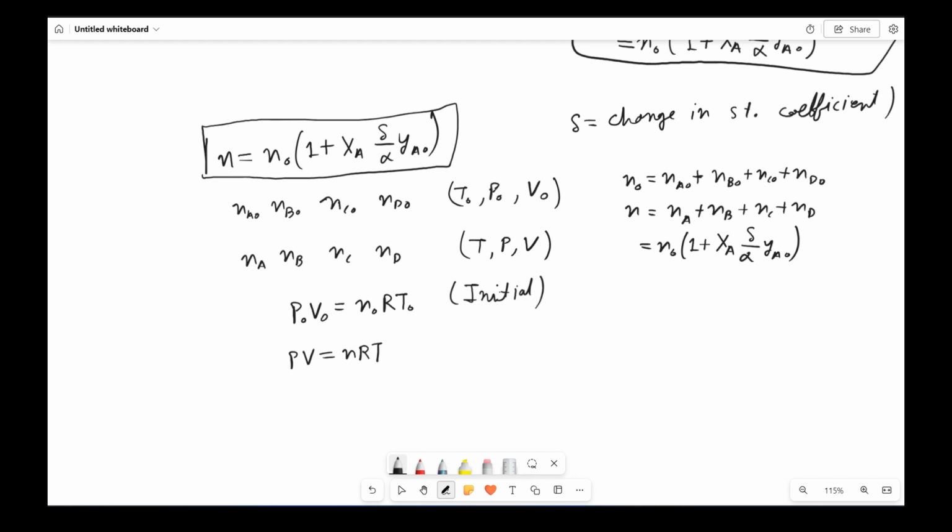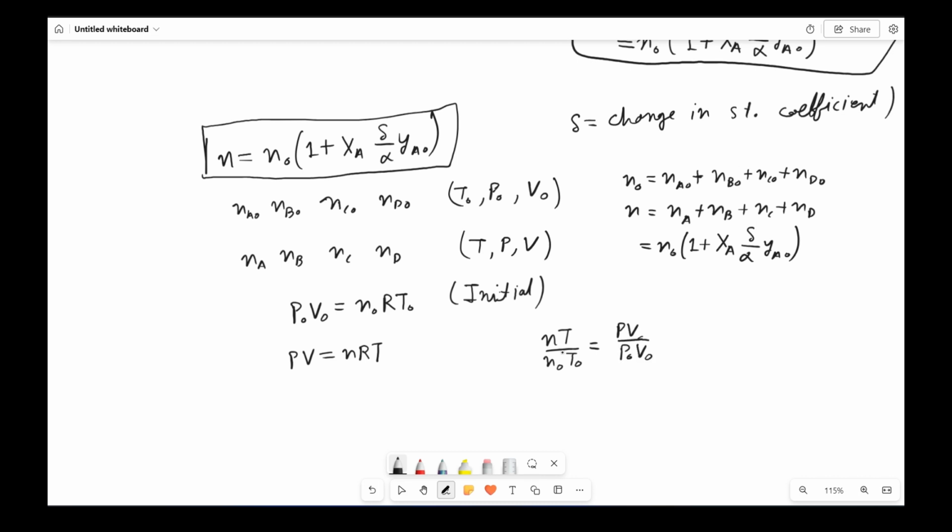Now, to get the relation, we will divide this equation. nT by n naught T naught is equal to PV by P naught V naught.